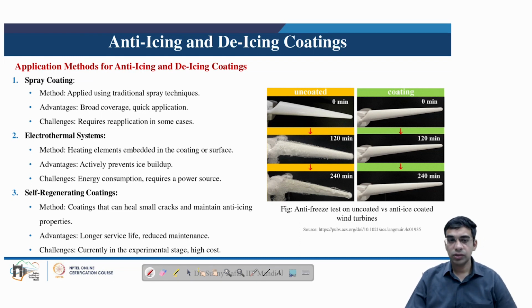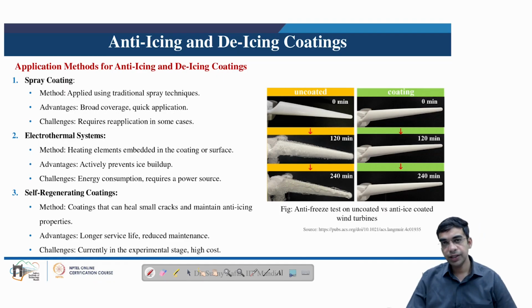Next are the electrothermal systems, in which heating elements may be embedded in the coating or on the surface. These heating elements prevent the buildup of ice. The challenges of this method include energy consumption, as electrothermal systems need a power source to generate heat.